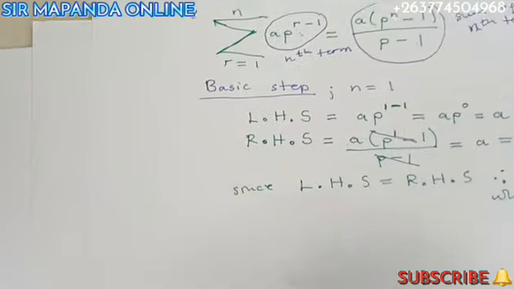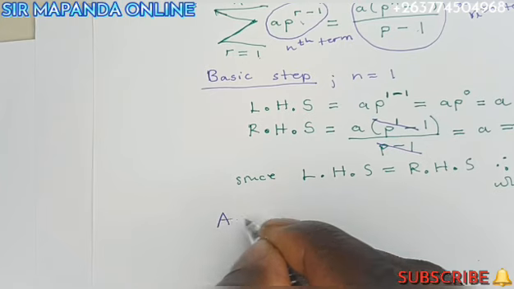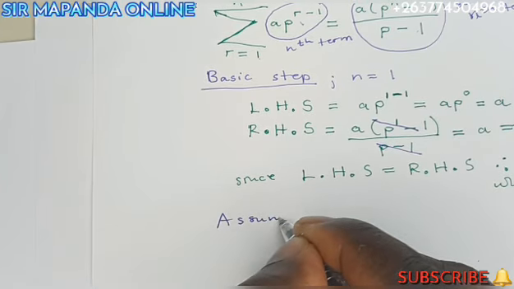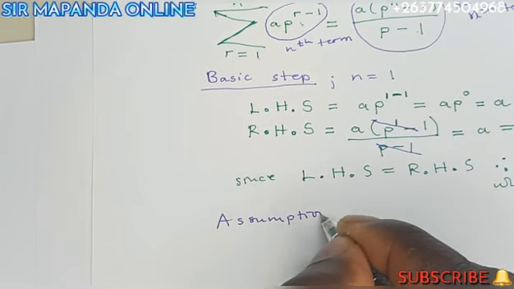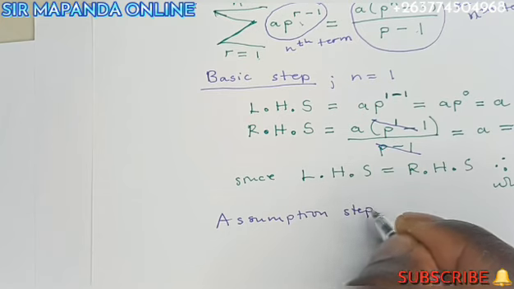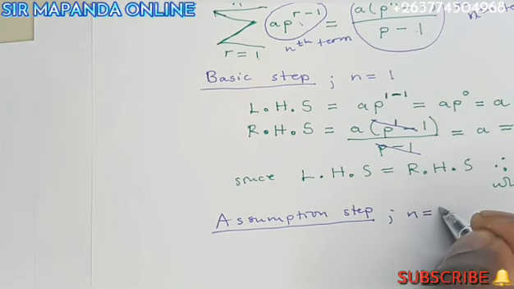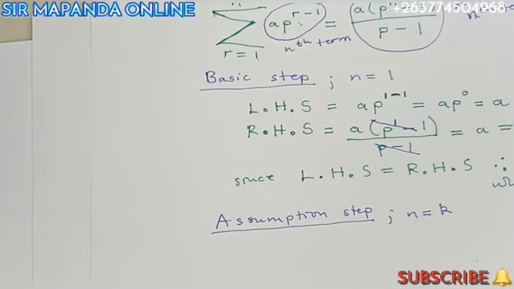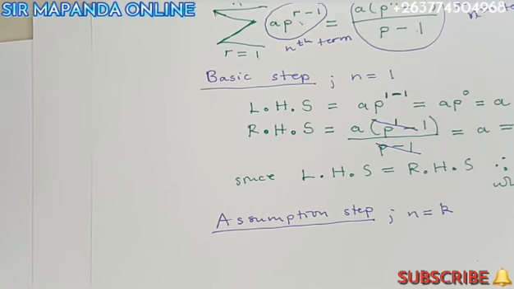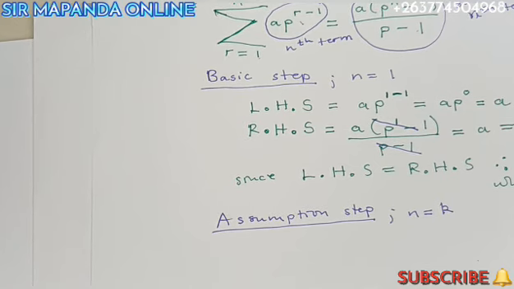So from the basic step, we move on to the next stage, which we refer to as the assumption step. On assumption step, we are not proving anything, but we are assuming. We are assuming that Pn is going to be true when n is equals to k.